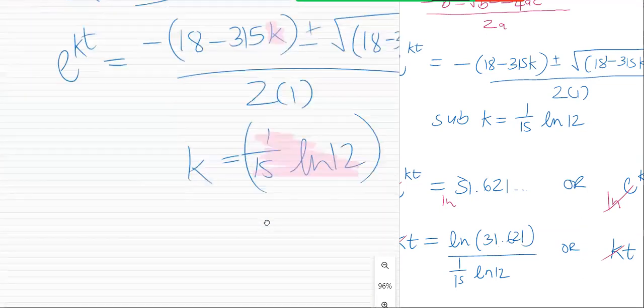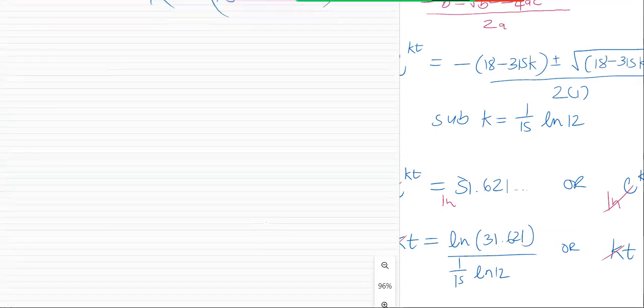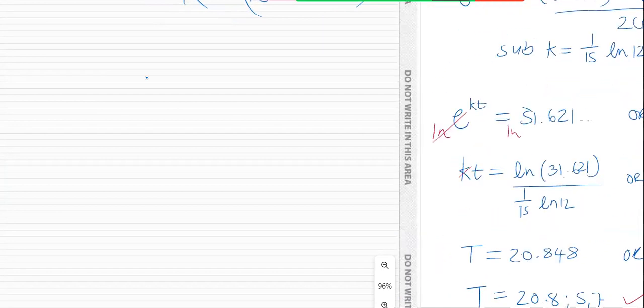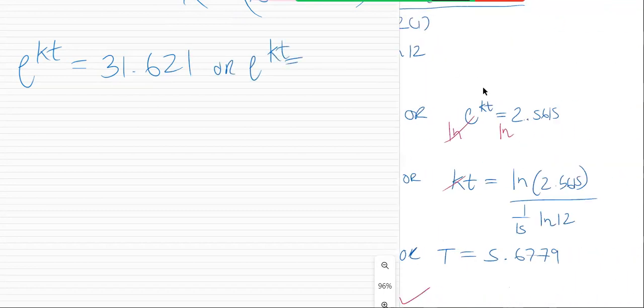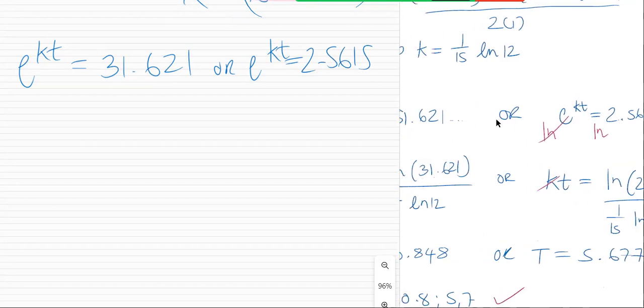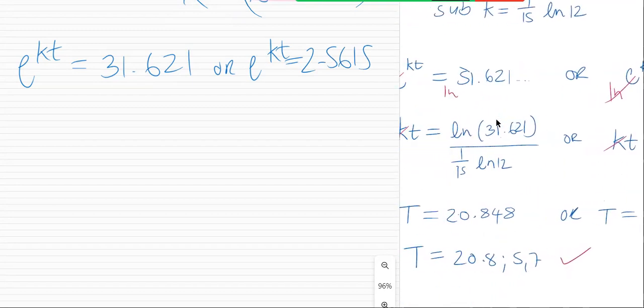Then I put that in the calculator, and I got that my e^(kt) from my calculator work is 31.621, that's 3 decimal places, or my e^(kt) is going to be 2.5615. Okay, so those were my 2 options, but it hasn't asked for e^(kt).